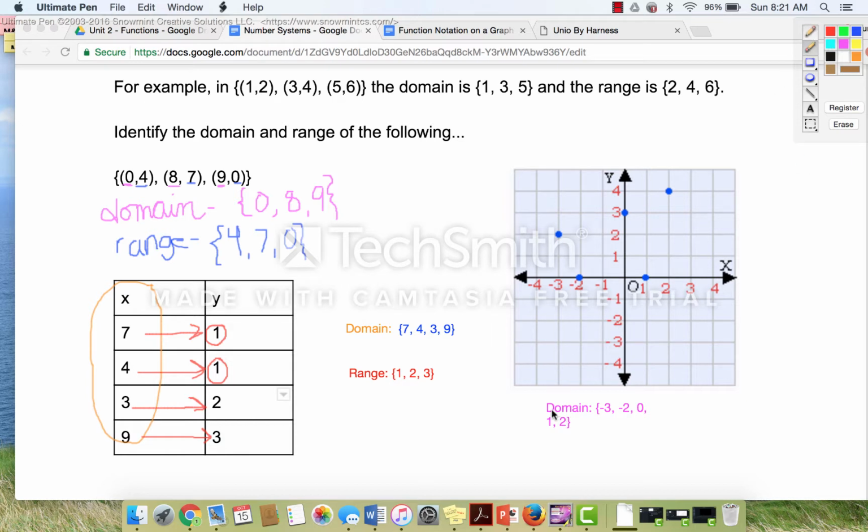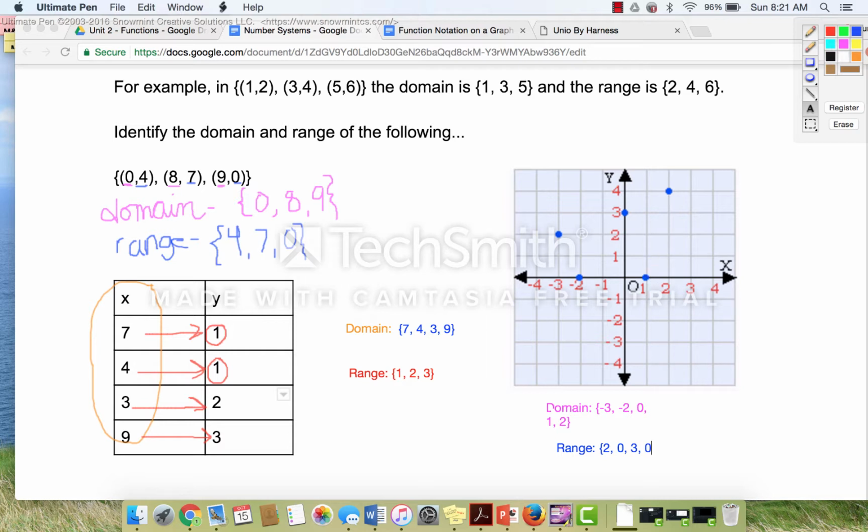All right, and for my range, I'm just going to go to those x values and look at their corresponding y values. So when x is -3, y is 2. When x is -2, y is 0. When x is 0, y is 3. 1 and 0.